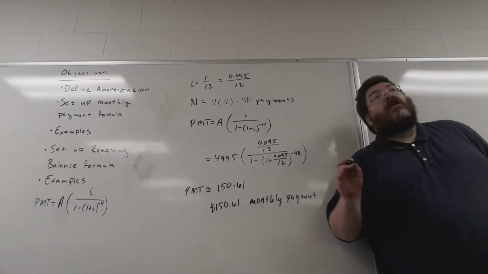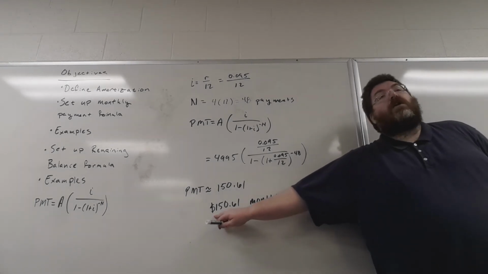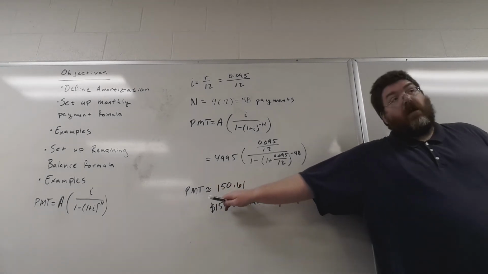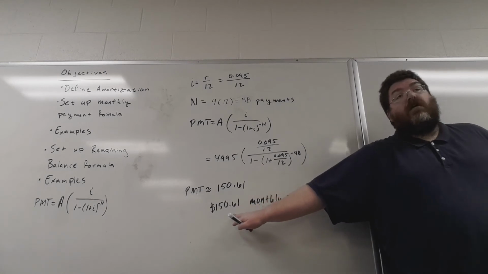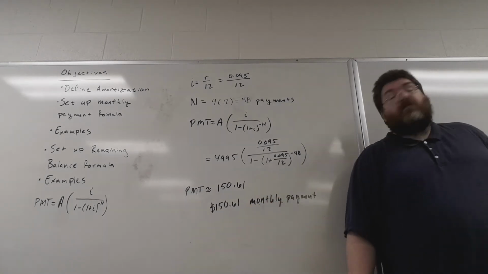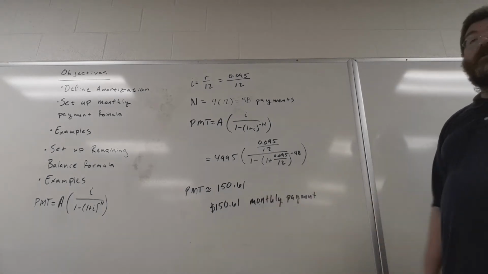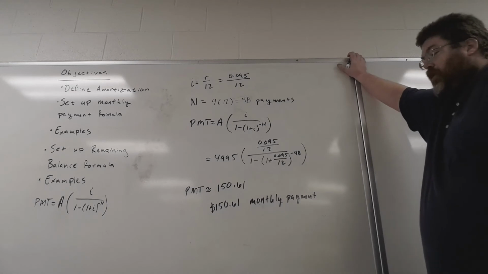And remember, because we're working with a word problem, we want to include the units. So not just 150.61, $150.61. And even better, provide some context. What is this $150? It's a monthly payment. So our friend is going to be paying $150.61 a month.